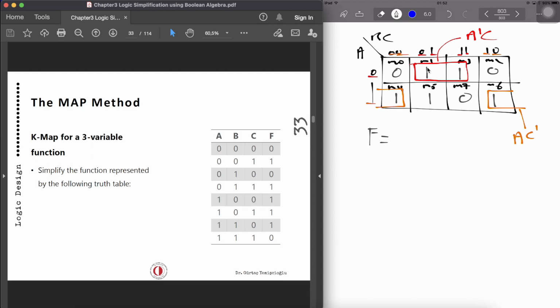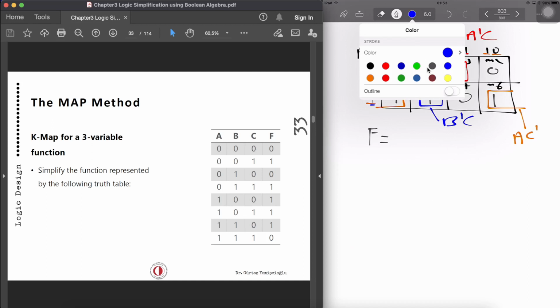So I'll go for M5 and M1. This is going to give me an expression where A is changing, B is 0, C is 1. So B prime, C. Now, some of the students, when they've done this combination, also go for the other one.